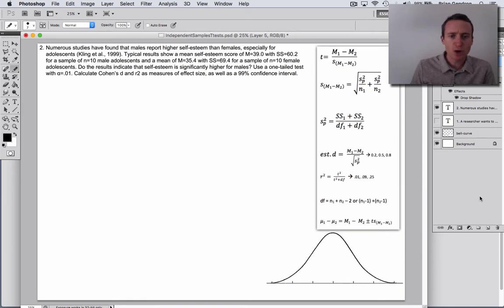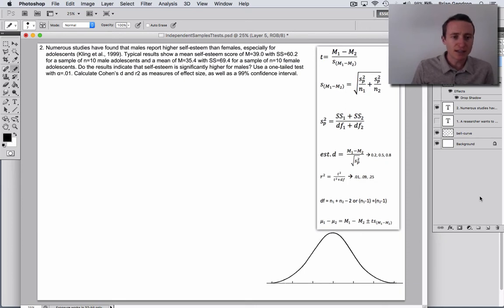Typical results show a mean self-esteem score of 39 with sum of squares of 60.2 for a sample of 10 male adolescents and a mean of 35.4 with sum of squares of 69.4 for a sample of 10 female adolescents. Do the results indicate that self-esteem is significantly higher for males? Use a one-tailed test with alpha of 0.01.